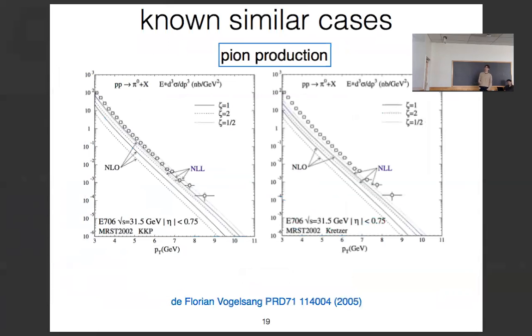Here you see some plots for pp going to pi0, quite old plots, but also in this case you have a discrepancy at quite low PT and low energy, which didn't seem to be solved by resummation. These are quite old sets of fragmentation functions, but nowadays the situation with new sets is not improved.